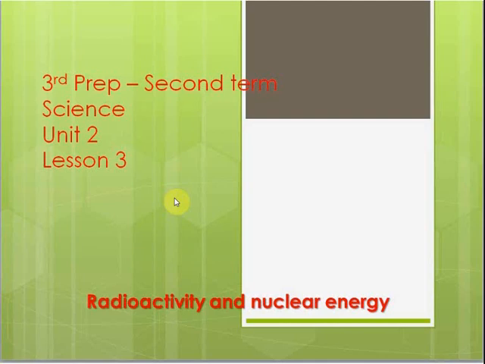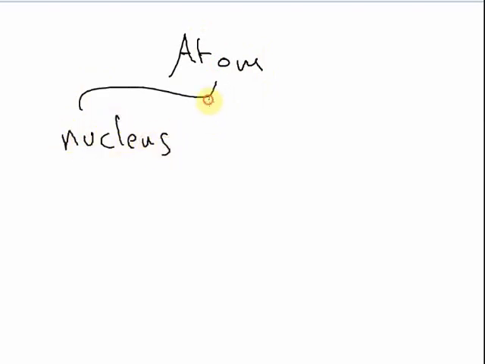At the beginning of this lesson, we must know some important information we have studied before in grade 7 about the components of the atom. We all know that the atom consists of two main things: the nucleus and electrons revolving around the nucleus.